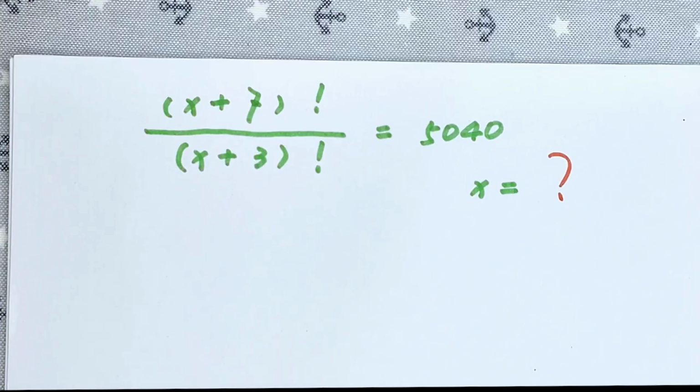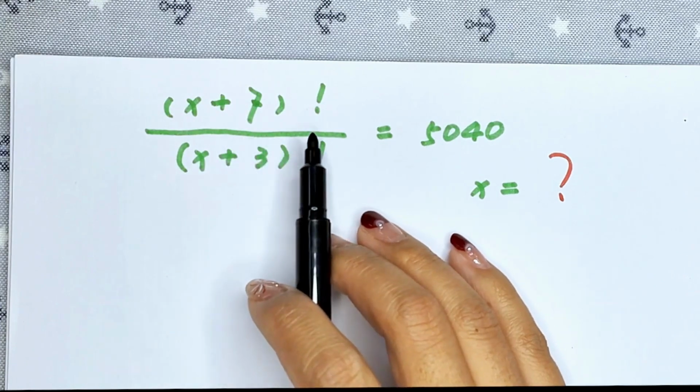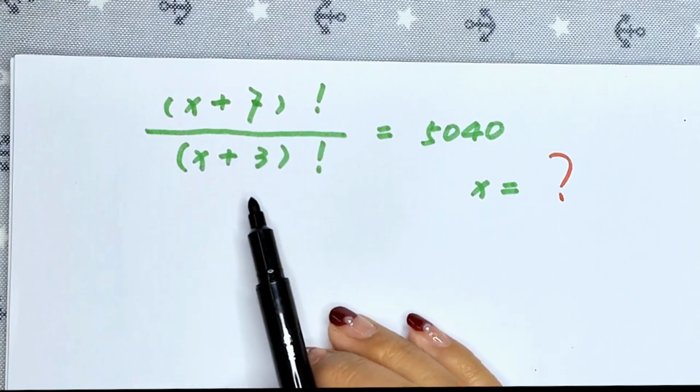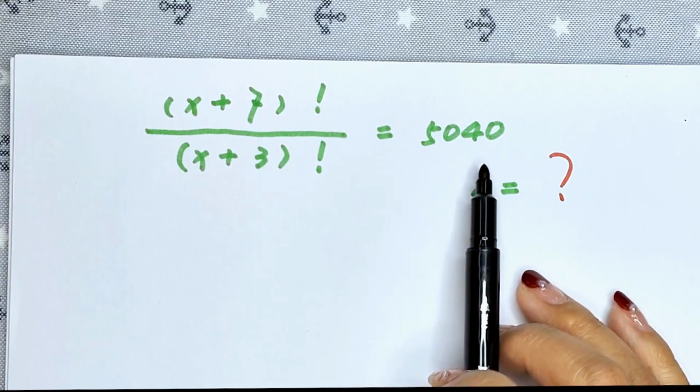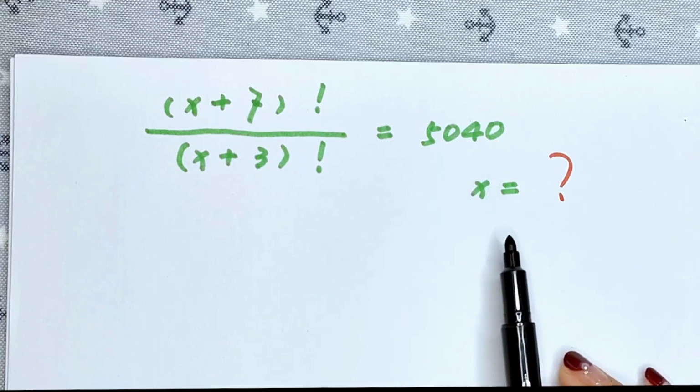How to solve (x plus 7)! over (x plus 3)! equals 5040, then find the value of x.